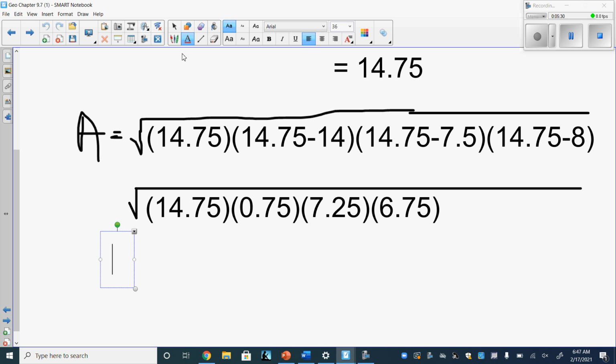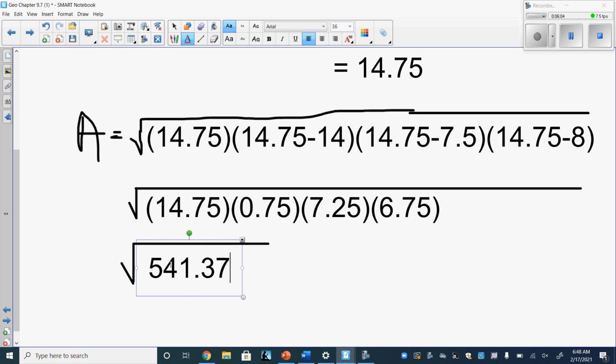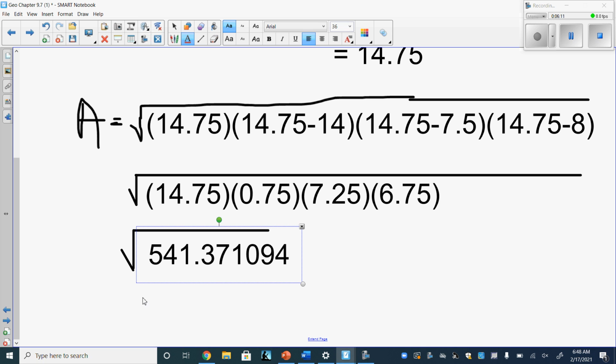If we multiply all these together, 14.75 times 0.75 times 7.25 times 6.75, we would get the square root of 541.37 and it continues on, which, if we take the square root of that, we'll get 23.27.